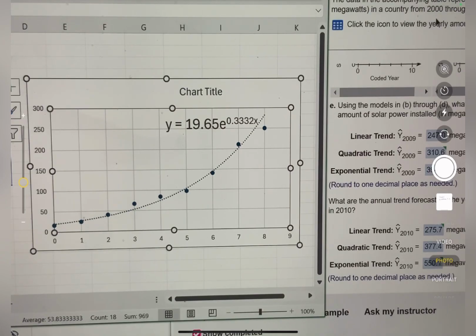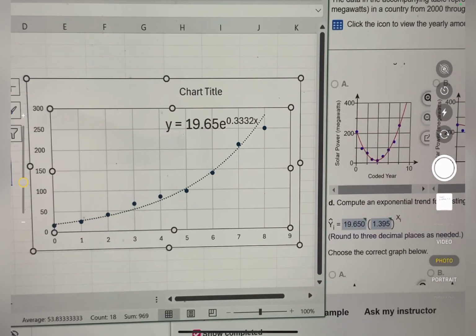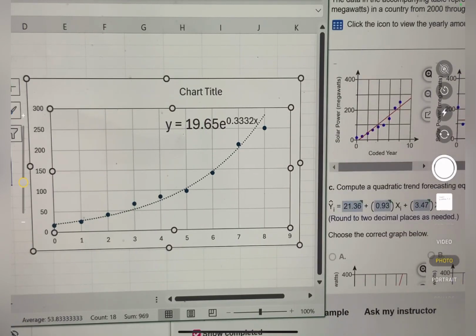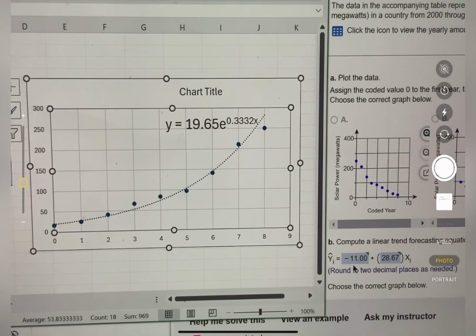If you ask in previous problems, we just took the last value of the table. Here we can't because we didn't calculate the average, remember? So here we're going to follow our equation, which is negative 11 plus 28.67, because this is a linear equation trend.